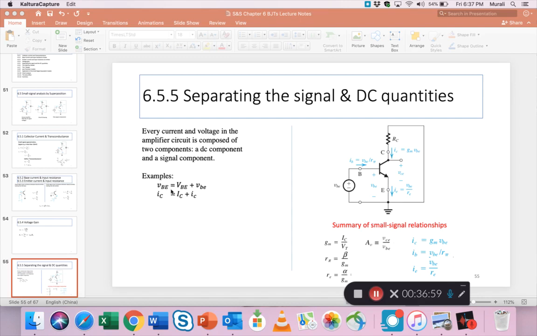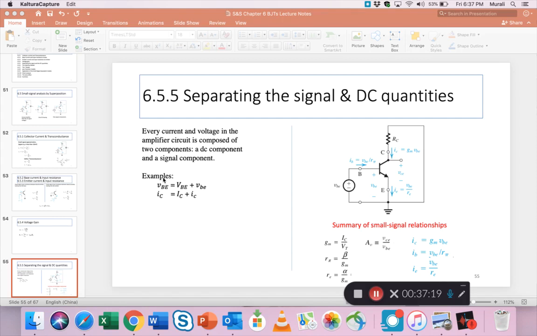So for example, looking at just the base circuit, VBE, and see how it is written, there is a small v and a capital BE, is the sum of a big V, capital BE, plus a small v, BE.